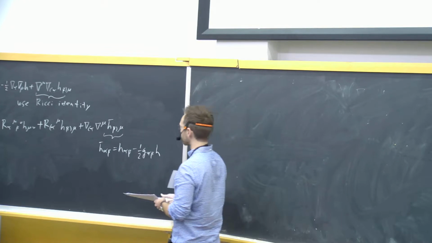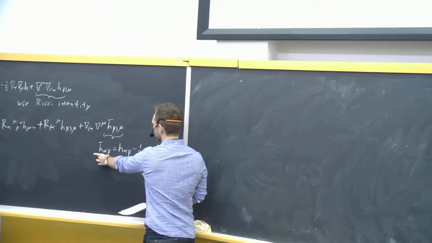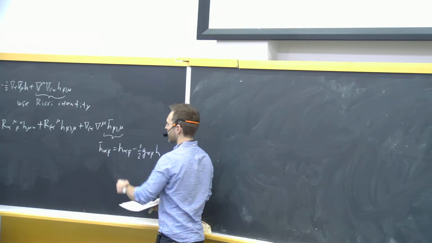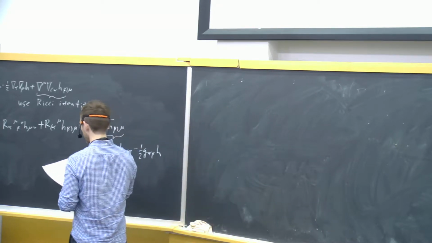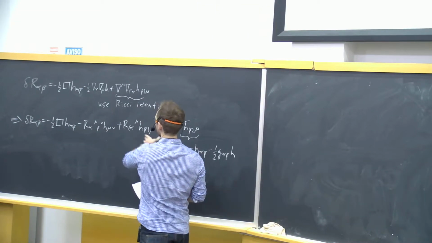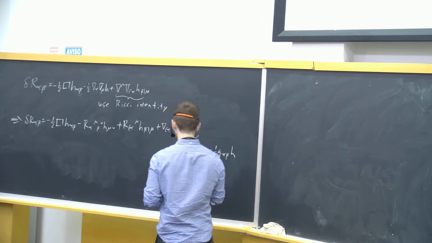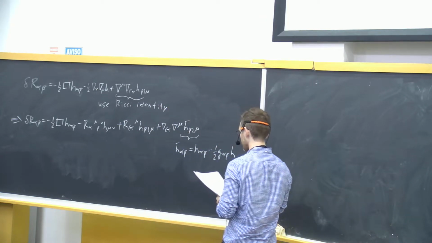It's called the trace reverse because if you take the trace of h bar, you get minus the trace of h. Okay, so this does look more complicated than it was up there, but it'll simplify in a second.